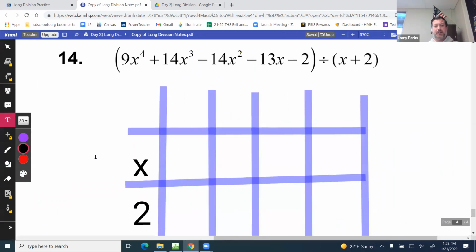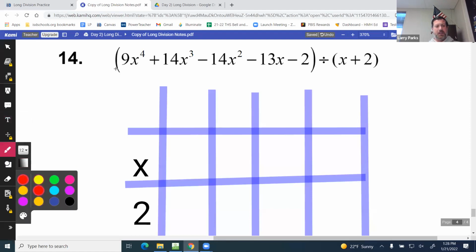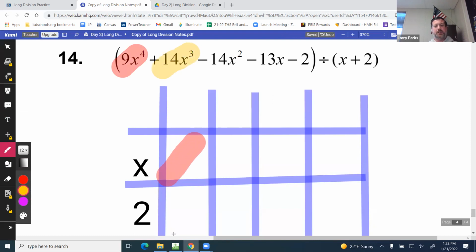All right. So again, same thing. Red goes there. Yellow goes there. Purple or fuchsia goes there.